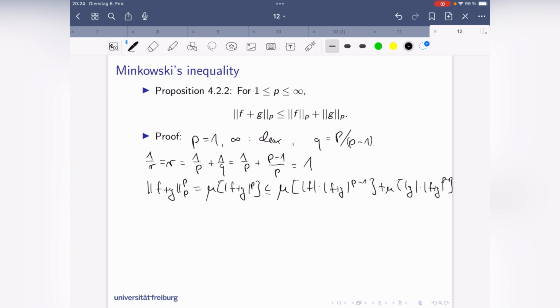And now, what do I have here? And now I want to use Hölder's inequality.